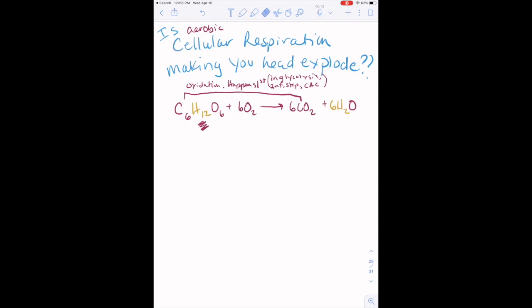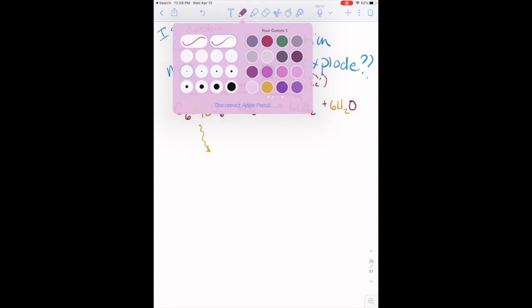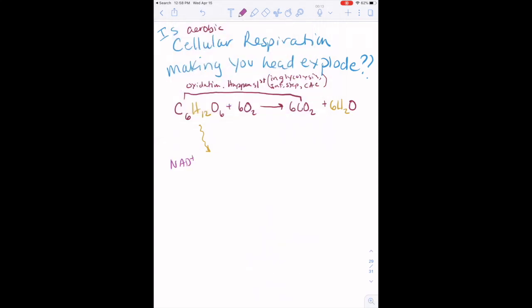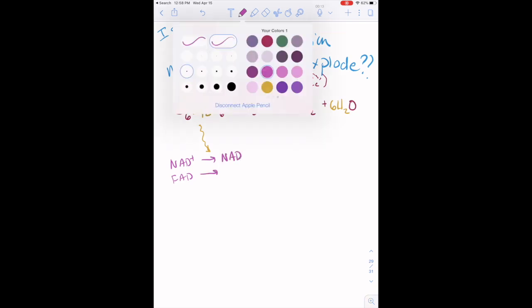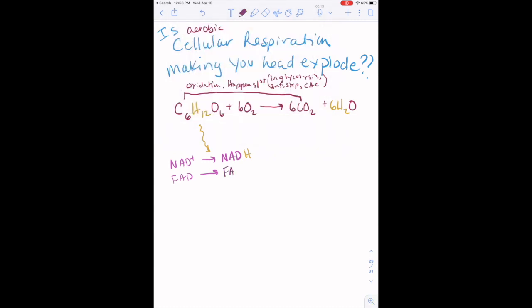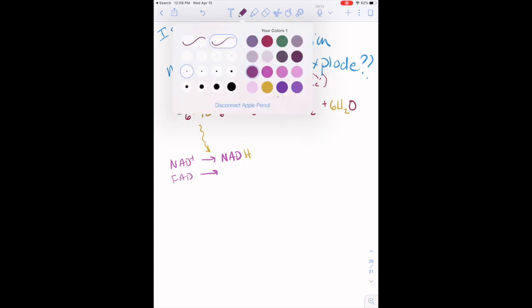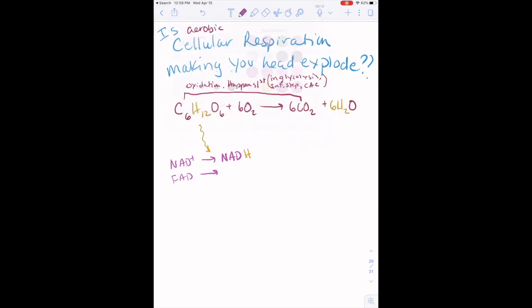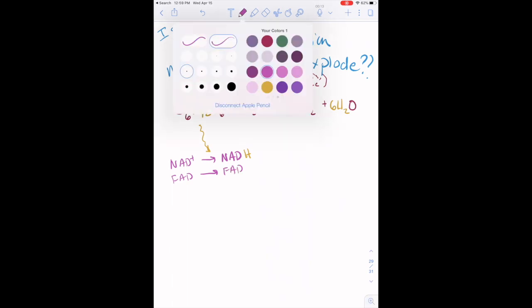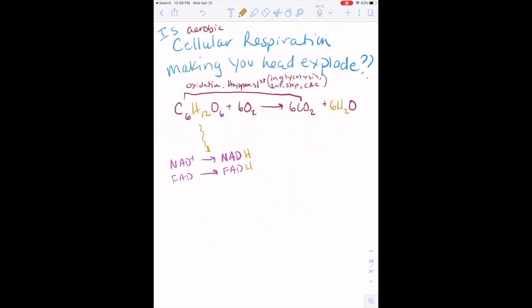We already talked about this, that these hydrogens get picked up by NAD plus and FAD, and they become NADH and FADH2.